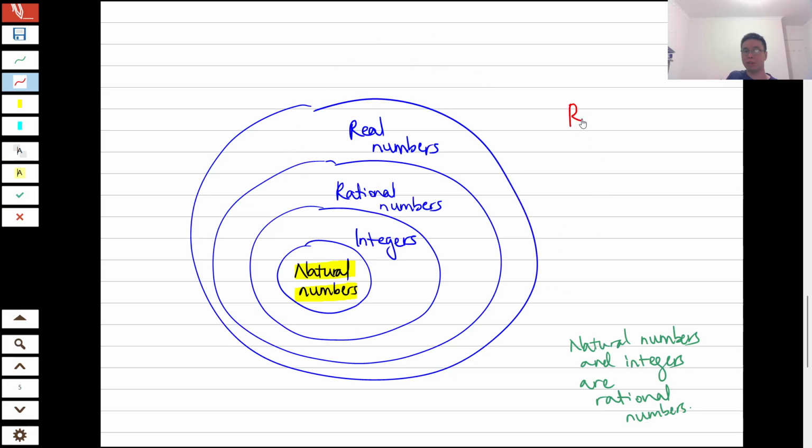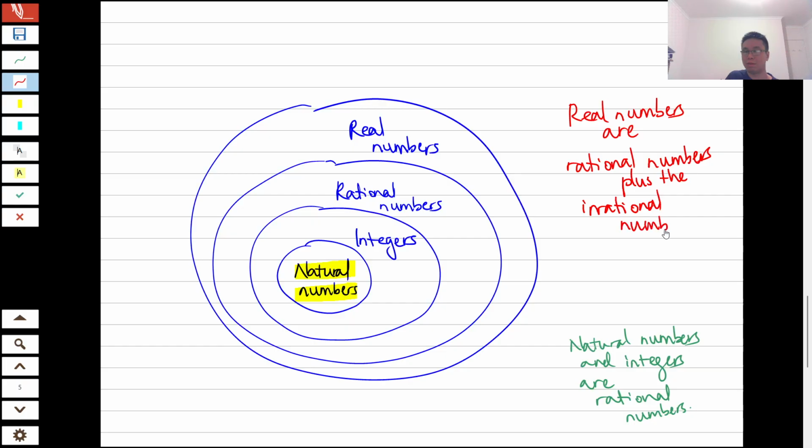So think of the real numbers as the rational numbers plus the irrational numbers. So if I combine those two sets, I get the real numbers.